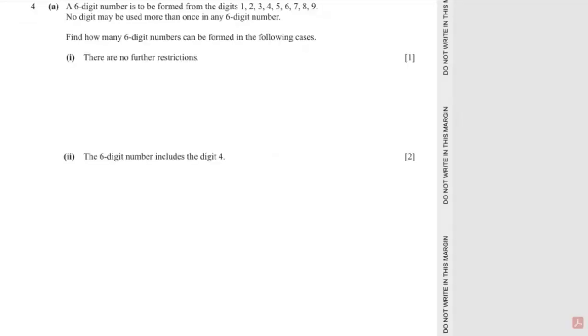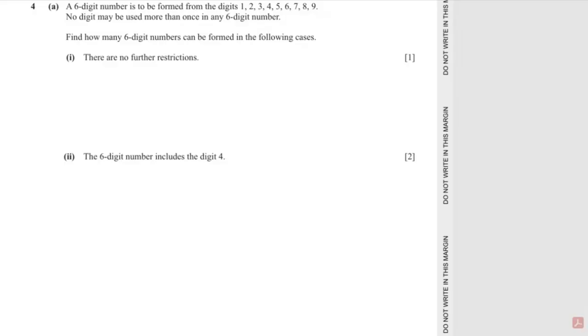Question 4, part A. A 6-digit number is to be formed from the digits 1, 2, 3, 4, 5, 6, 7, 8, 9. These are 9 digits since 0 is not part of it. No digit may be used more than once in any 6-digit number. Find how many 6-digit numbers can be formed in the following cases.